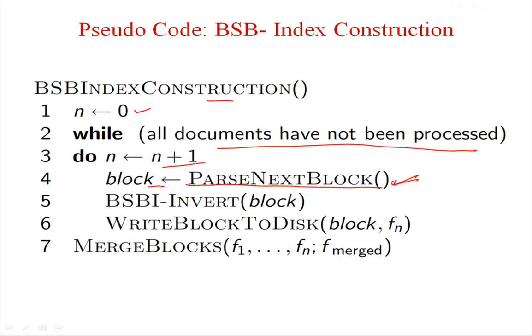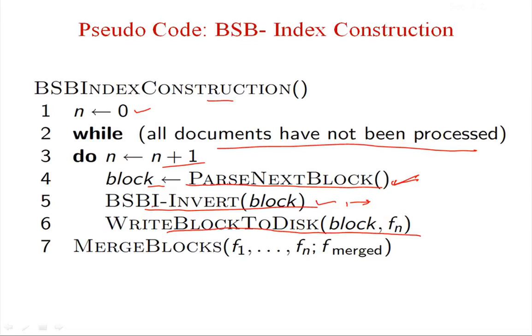Now the next step is BSBI invert block. In this case we will take terms and then document IDs, and then we will sort that block according to the term ID and write the block to the disk.